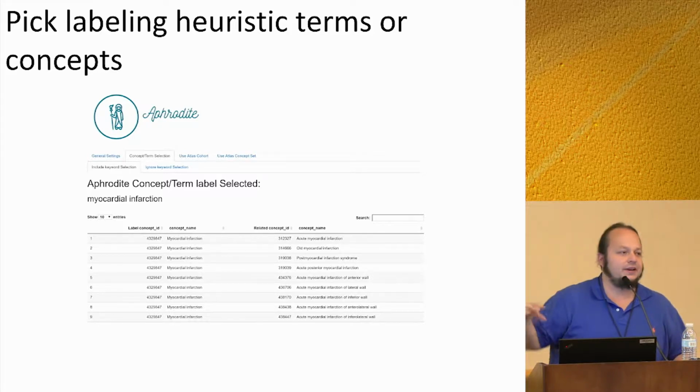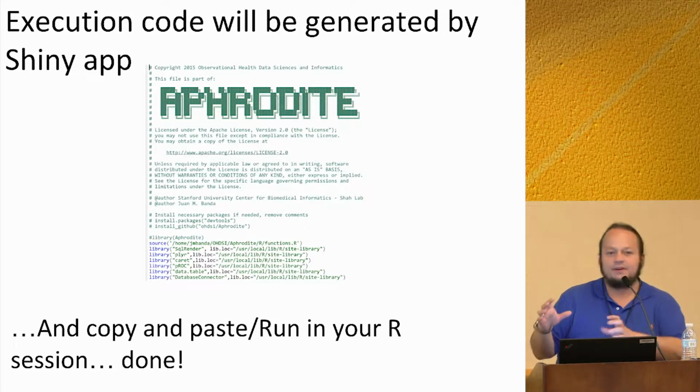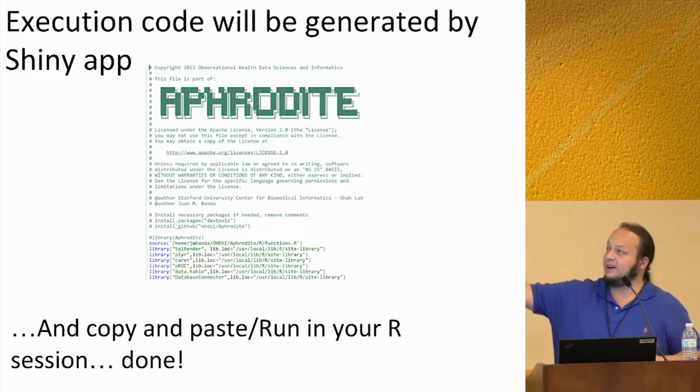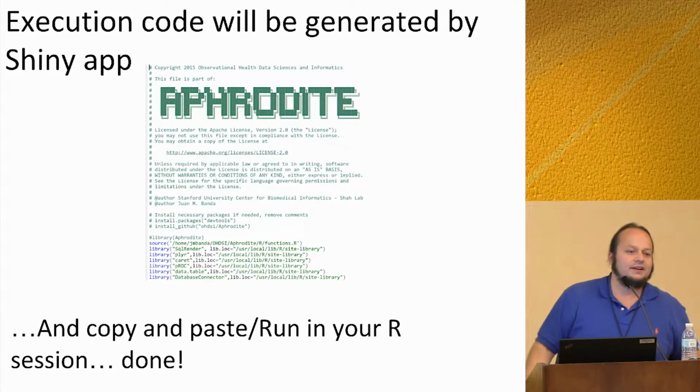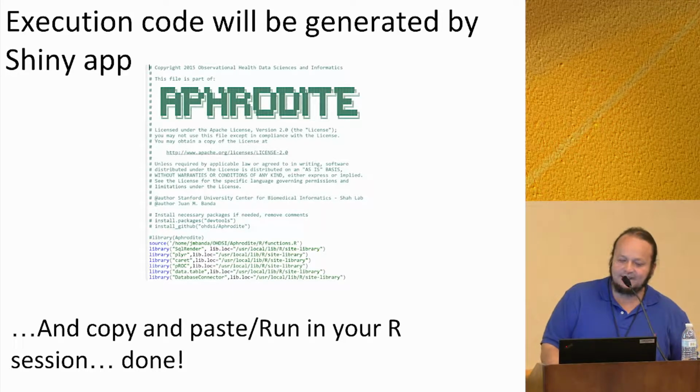You can pick some, you can add some, and then it will spit out a couple hundred lines of code with all the R code needed to build a phenotype for whatever keyword you put in, whatever labeling heuristic you define, with all the settings you define. So now this is a lot easier, right? You don't have to edit this file. It will just come out. You copy paste it to your R, done. Well, you have to run it, but then you'll be good to go.